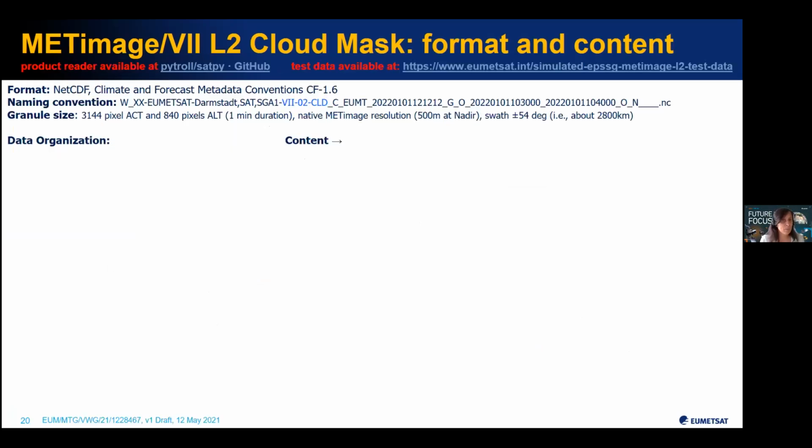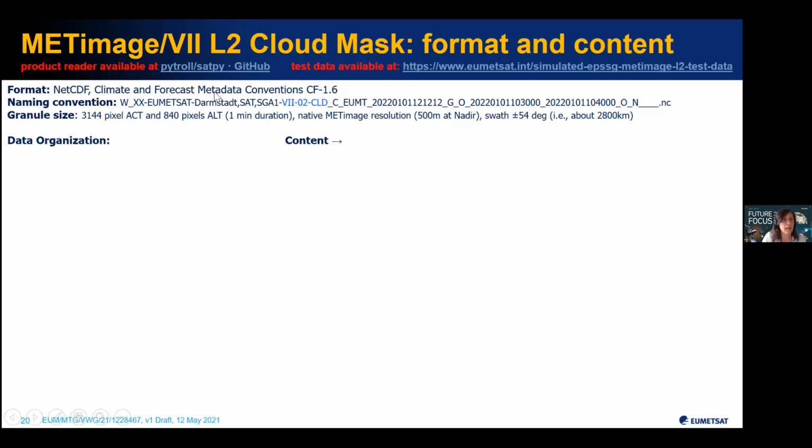Now, the final product follows the standards adopted for all EUMETSAT, for all EPS-SG products. So these products are already available from our website, of course, based on simulation. And there are also product readers available in Spectral in case any of the users are interested in starting to explore this product. So the products are NetCDF.